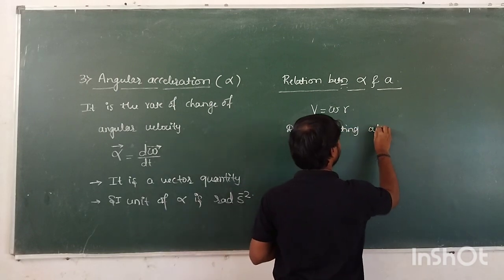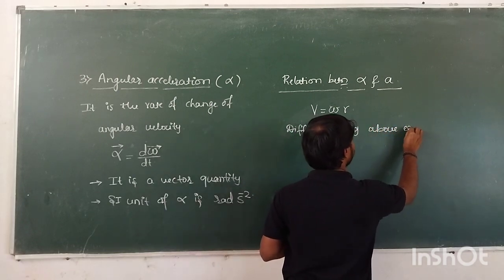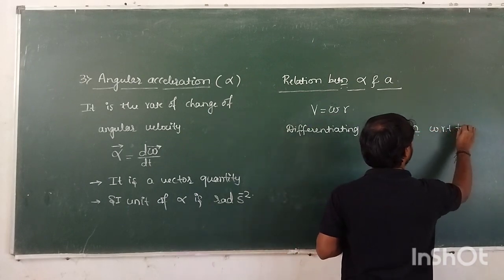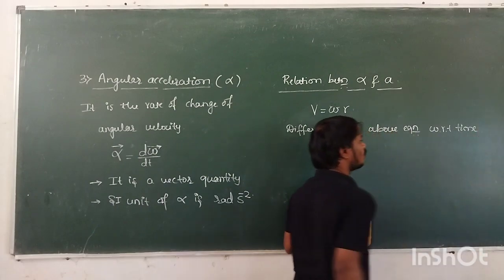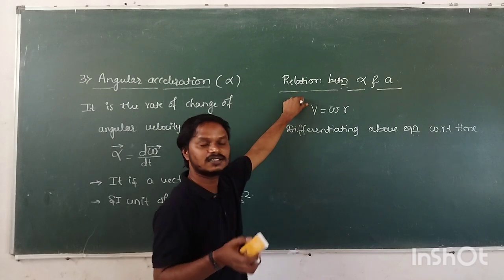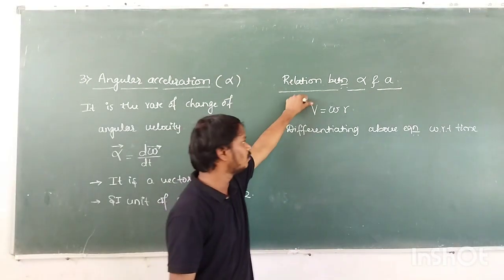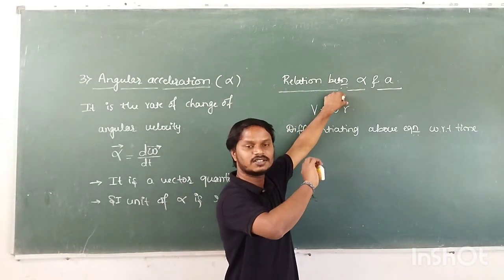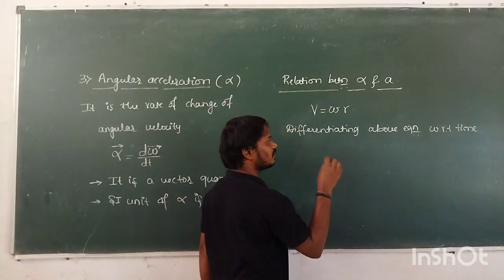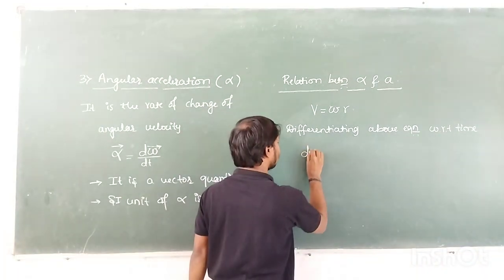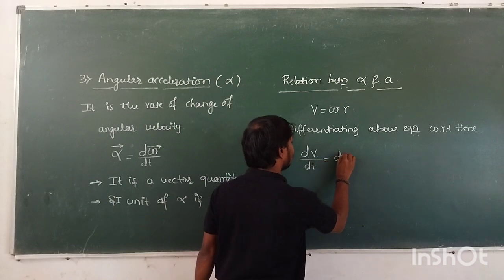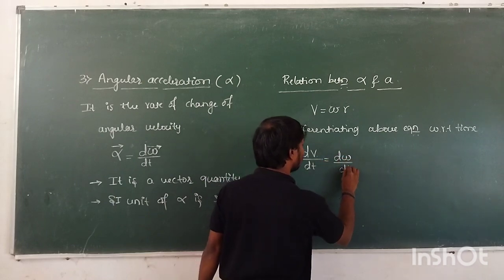As the body rotates, there is a change in angular velocity with respect to time, and also a change in linear velocity with respect to time, but the radius is constant. Differentiating with respect to time, the rate of change of linear velocity is equal to the rate of change of angular velocity into radius.